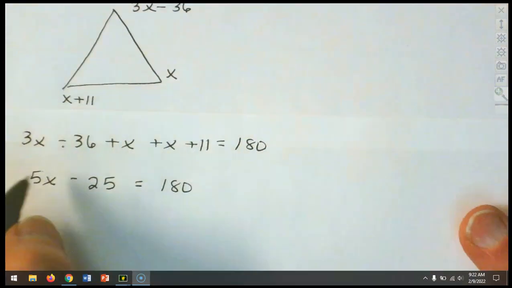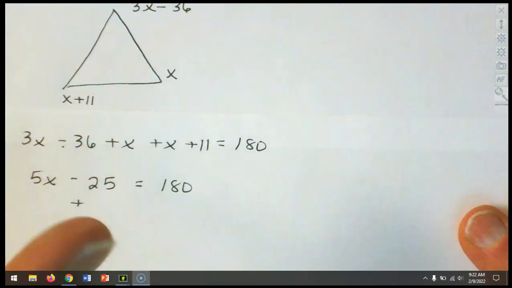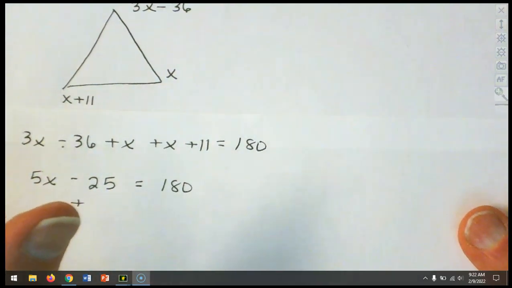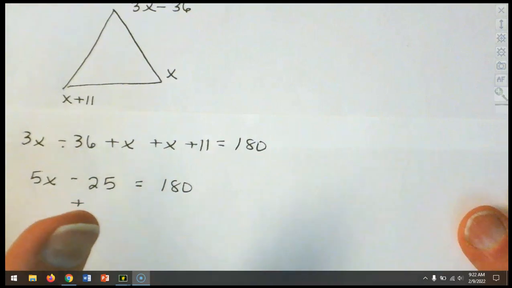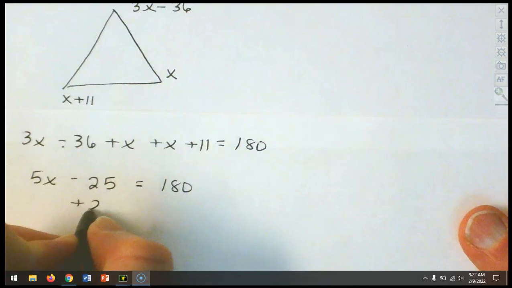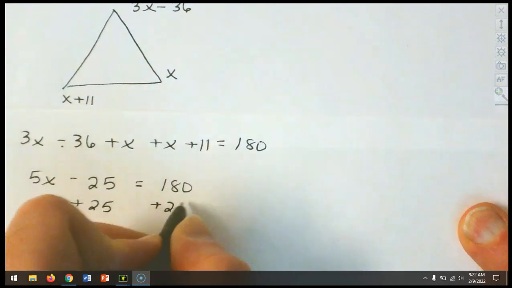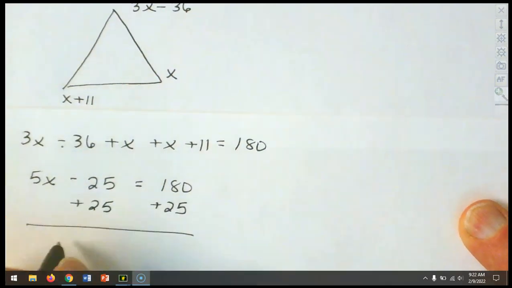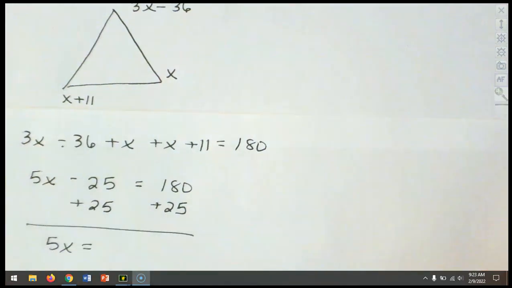Okay, I feel like this is a lot easier. Yep, and they are. I told you, these are going to be a lot easier. The questions we're going to look at in the last part of 1-4 are almost a breath of fresh air compared to some of the others. So add the 25 over. And now we've got 5x equals, what is that, 205? Plus 25, yep, that's 205.